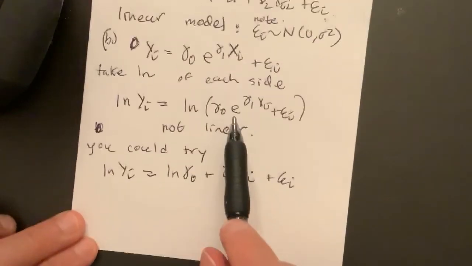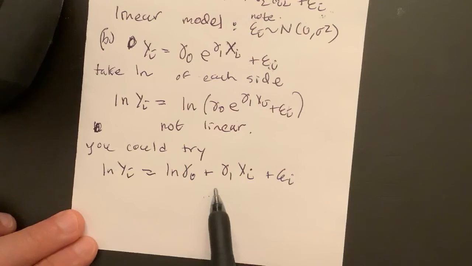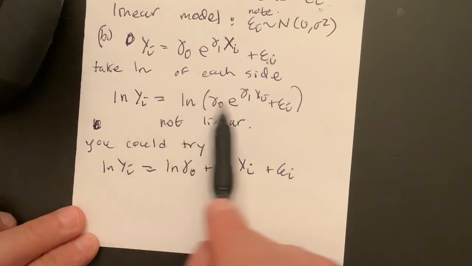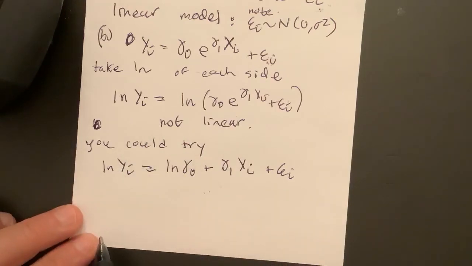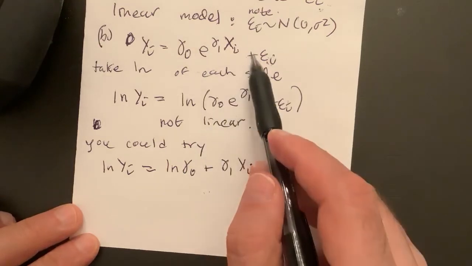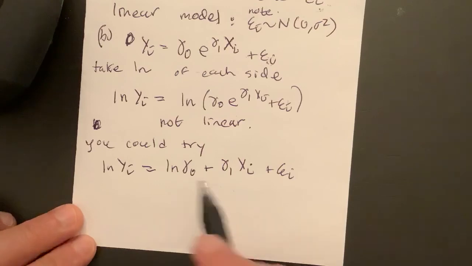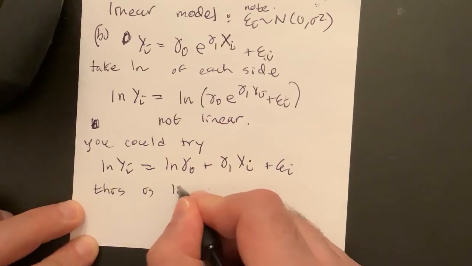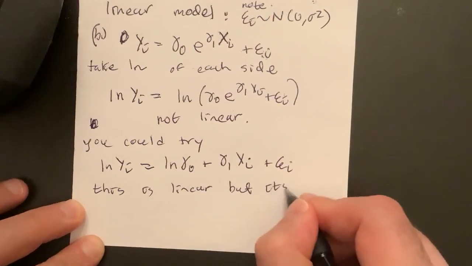This is not just taking the log of this model. So this model is not linear. This model's linear, okay? Sometimes when the regression function can be converted into a linear form, you call this intrinsically linear. But I don't want you to get confused about that. This one's nonlinear. This one is linear. So this is linear, but it's a different model.